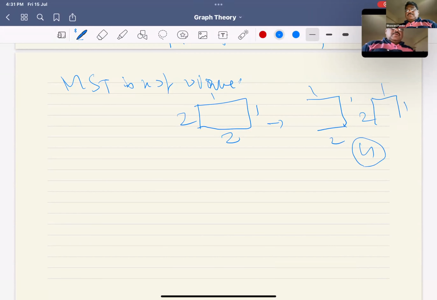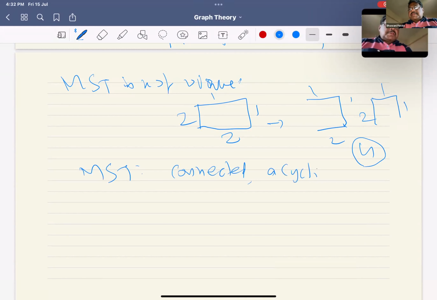We know that an MST is connected and acyclic, with m equal to n minus 1, so all these things are true. We need to have n minus 1 edges.